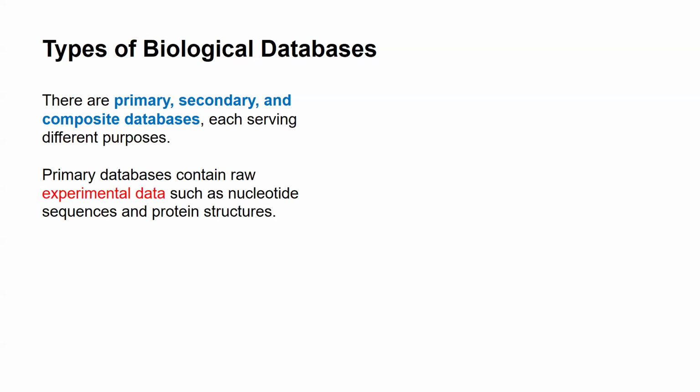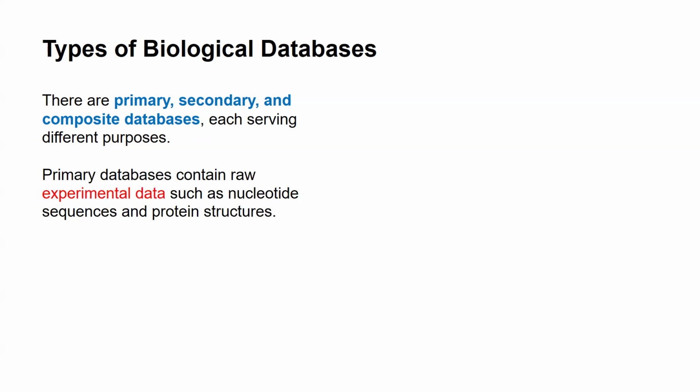before you process them. For example, if you have your DNA, you carry out your PCR, and after the PCR, you have your PCR product and you send it for sequencing. The nucleotide sequence of that DNA is what you call primary data before you process it.